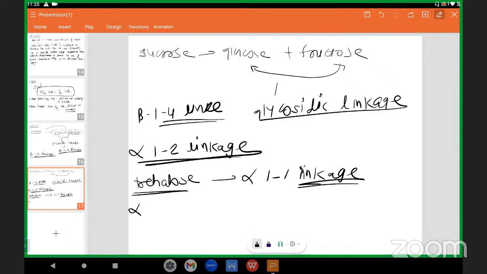Then write down the compounds that show the alpha 1,2 linkage. Take down the example of the compounds having the alpha 1,2 linkage. That is sucrose.